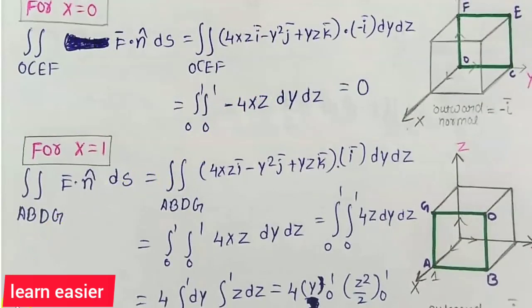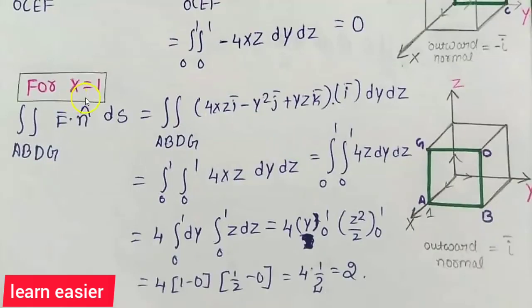For x is equal to 1, we have taken the surface ABDG. So you can see here the surface ABDG is here at x is equal to 1. You can see here is x equal to 0, that's why earlier we took that surface, but for x is equal to 1 we have taken ABDG here.